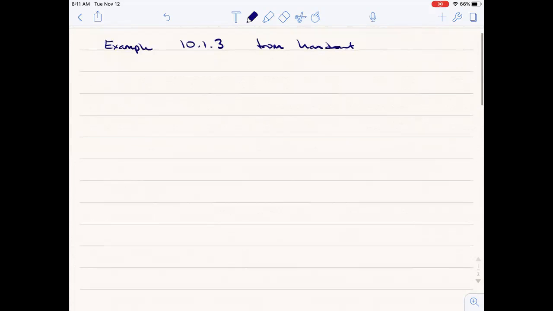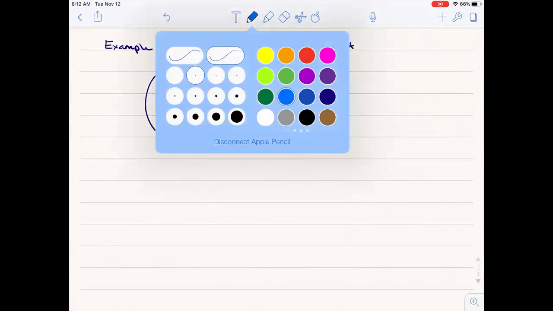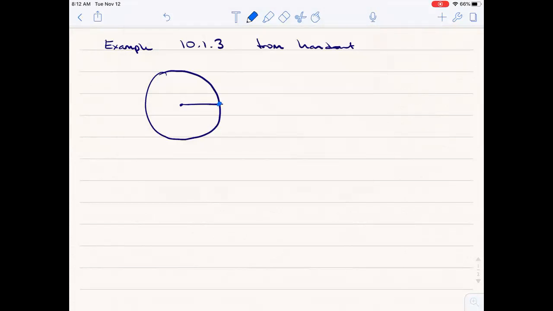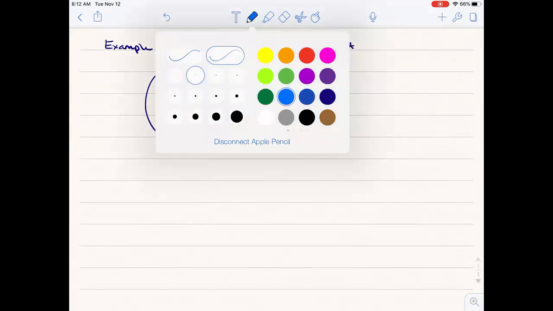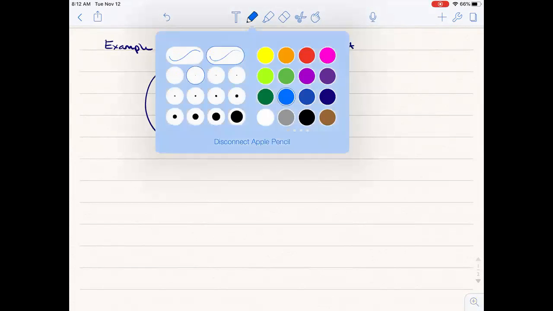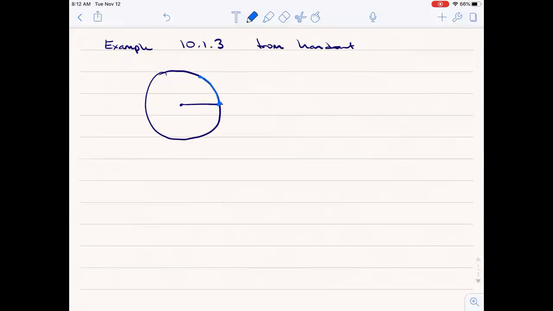So just as a little recap, if you've got a circle and some object is moving from this point to this point, then we've got some angular velocity, which we denoted by lowercase omega.